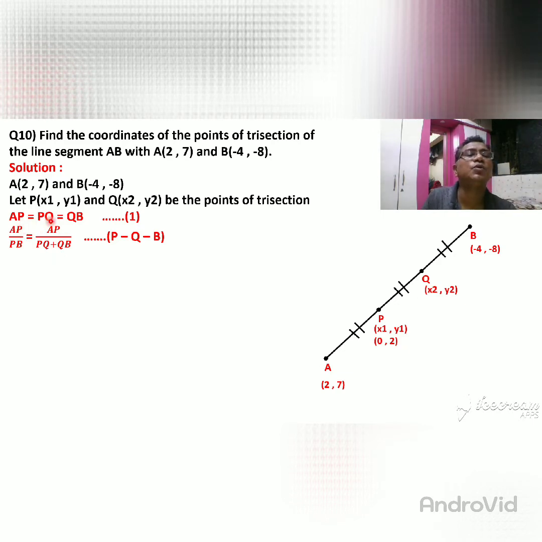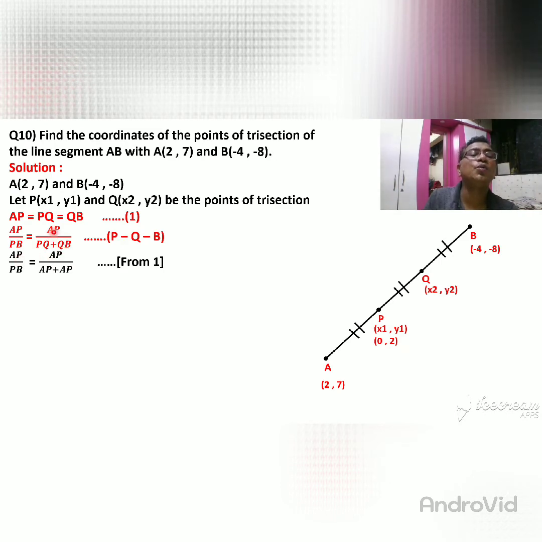Then see what they say: AP is equal to PQ is equal to QB. So PQ is equal to AP, I write here AP. QB is also equal to AP, so I write here AP. So AP upon PB is equal to what?